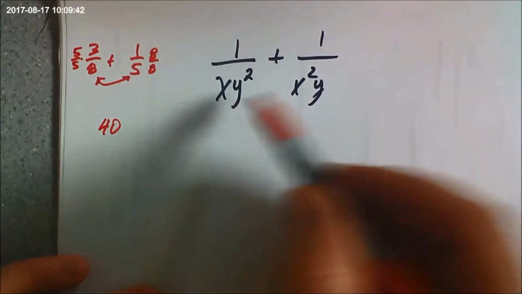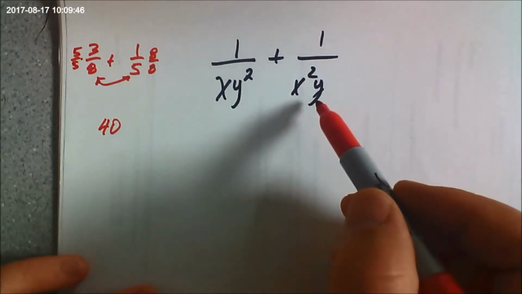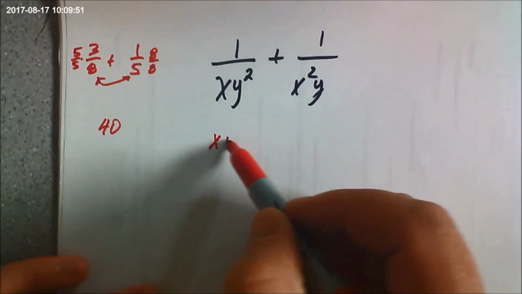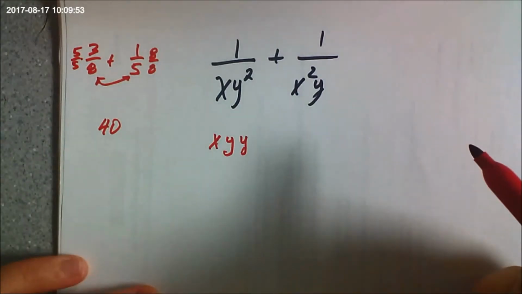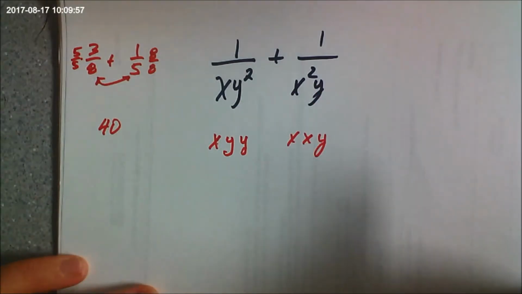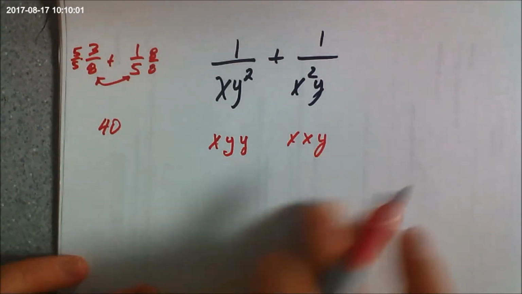We have to find the lowest common multiple of x y squared and x squared y. So let's take a look. x y squared, would that be x times y times y? And this would be x times x times y, right? Now look, after a little bit of time, this is way more natural than what I'm writing right here.